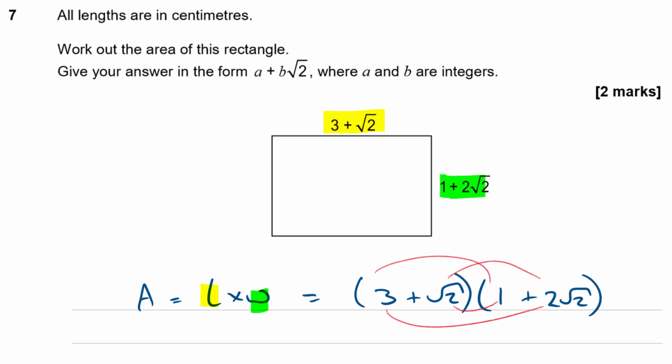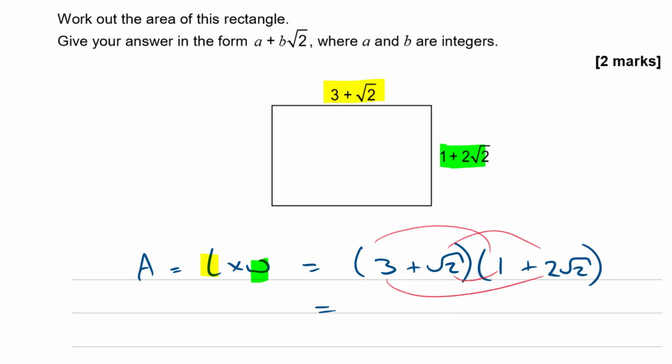So if I do that, then I'm going to get first two terms multiplied together. 3 times 1 is 3. Outside terms multiplied together. 3 times 2 root 2 is 6 root 2. Inside terms multiplied together. Root 2 times 1 is root 2. And last terms multiplied together. Root 2 times 2 root 2. The root 2 times the root 2 gives you 2, and multiplied by the 2 gives you 4.